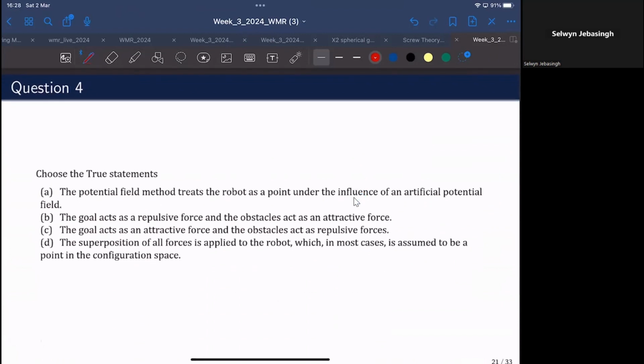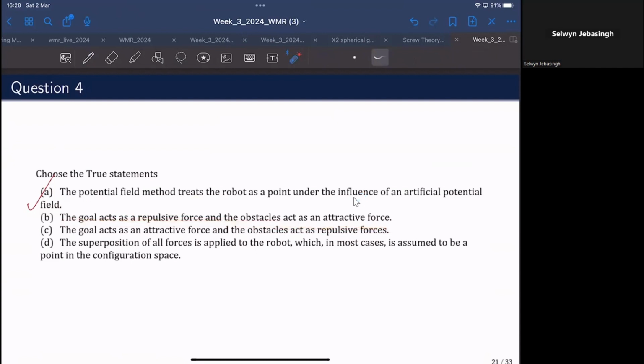What are the statements that are true? We'll go one by one. The first statement says the potential field method treats the robot as a point under the influence of an artificial potential field. That is straightforward and indeed true. What about option B? The goal acts as a repulsive force and the obstacle acts as an attractive force.